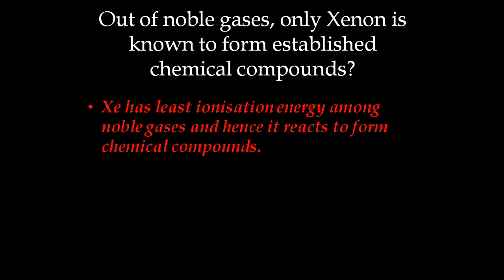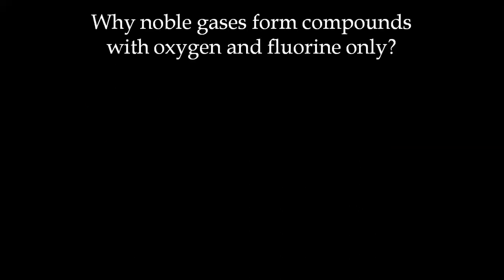Now the next question is, xenon reacts, but why only with fluorine and oxygen? Why do noble gases form compounds with oxygen and fluorine only? Obviously we know that oxygen and fluorine are the most electronegative elements. They have a huge tendency to gain electron. They have a very, very high electron affinity.